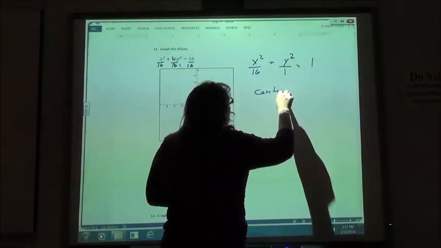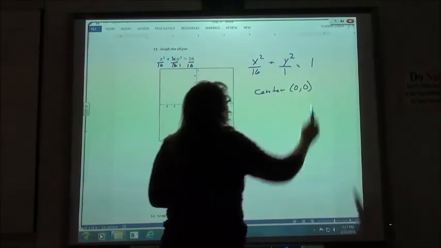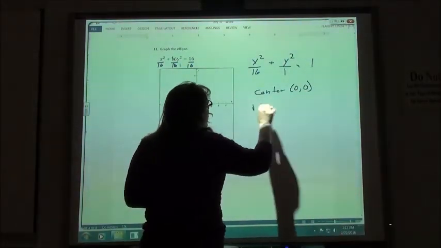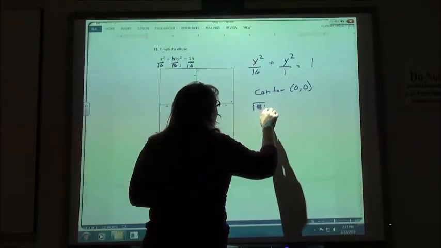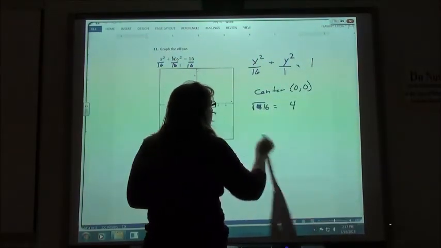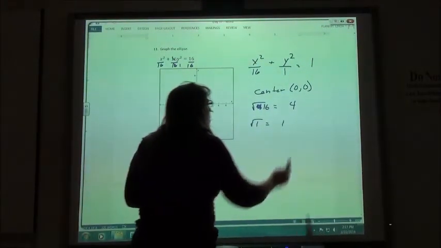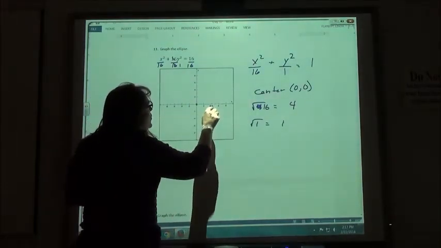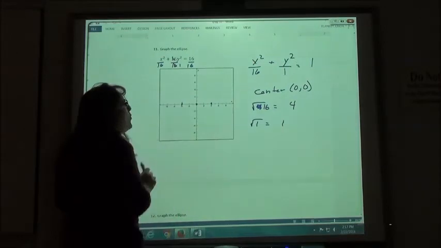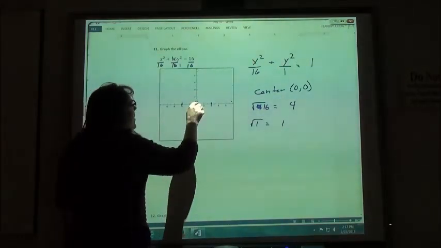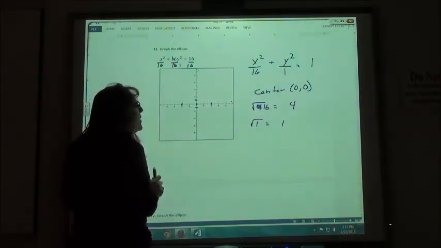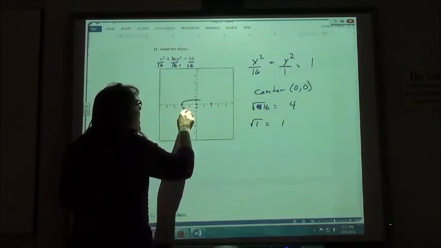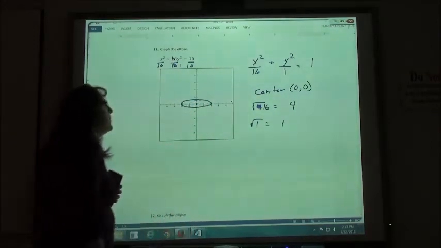Again, my center is going to be at the origin, so at 0, 0, and then the square root of 16 is 4, and then the square root of 1 is 1. So I center it at 0, 0. I go 4 to the right, which also opens it up 4 to the left for my vertex. I go 1 up, which also opens it 1 down for my co-vertex, and my ellipse looks something sort of like that.